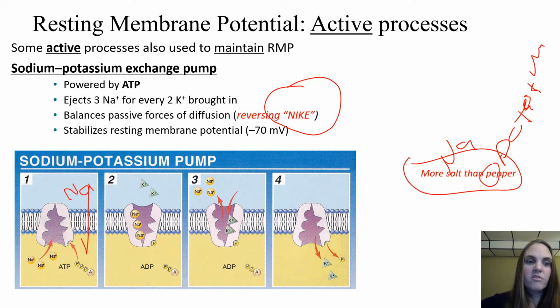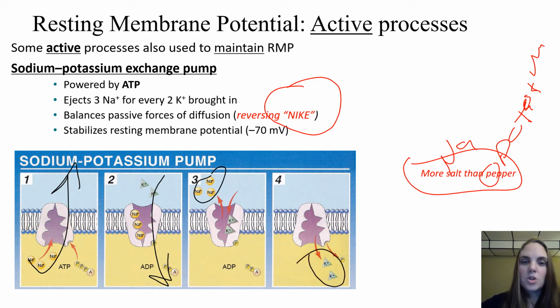Those passive forces are going to push sodium into the cell and push potassium out of the cell. If that keeps happening and nothing changes it, then we lose that resting membrane potential. We want to maintain that, so this sodium-potassium pump is going to reverse what just happened passively, kick some of those sodium out and bring some of those potassium back in. It's going to kick out 3 sodium and bring in 2 potassium. So more salt than pepper.